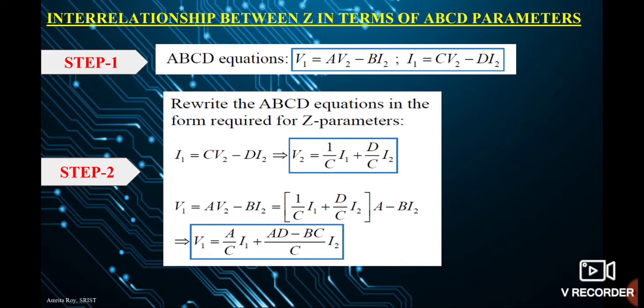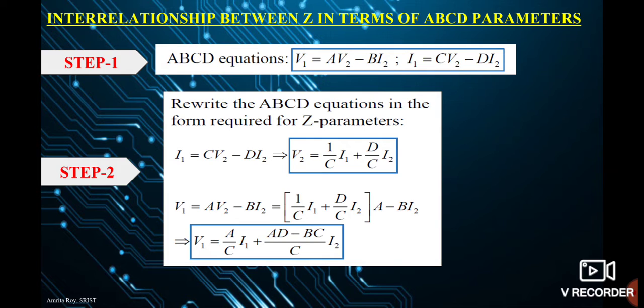So we know that I1 equals C V2 minus D I2. Now, in terms of V2, we can write it as 1 by C into I1 plus D by C into I2. Similarly, V1 equals A V2 minus B I2. So we can write it as 1 by C into I1 plus D by C into I2, into A, minus B I2.